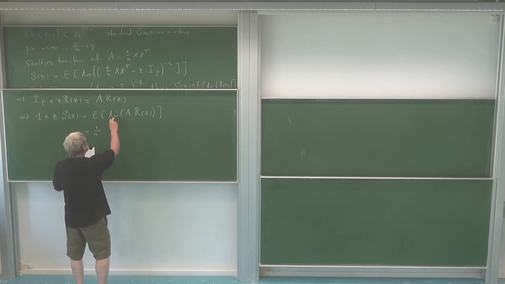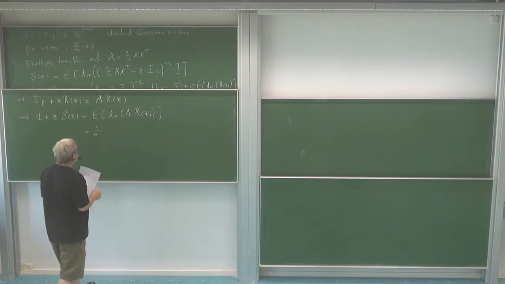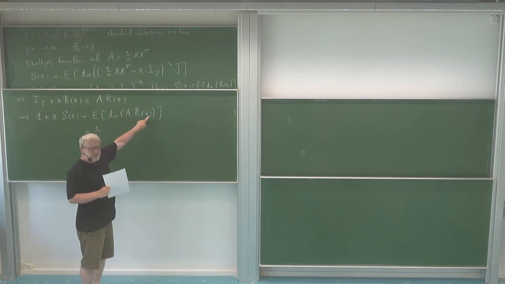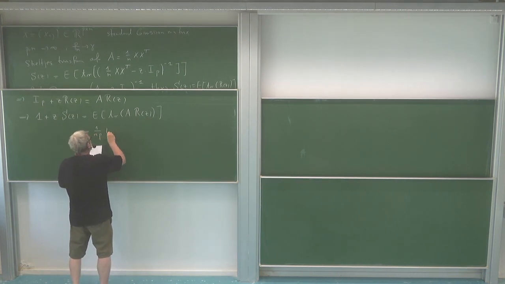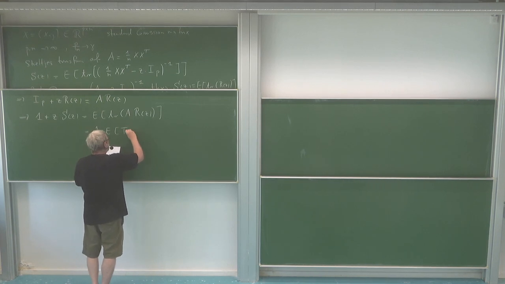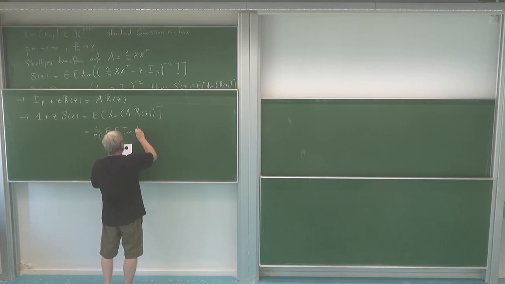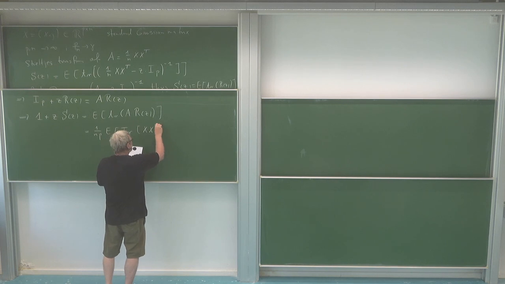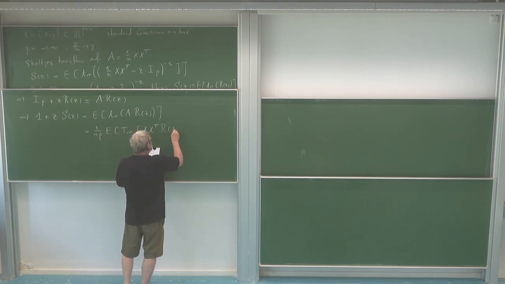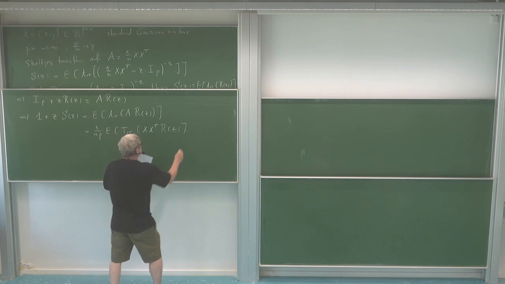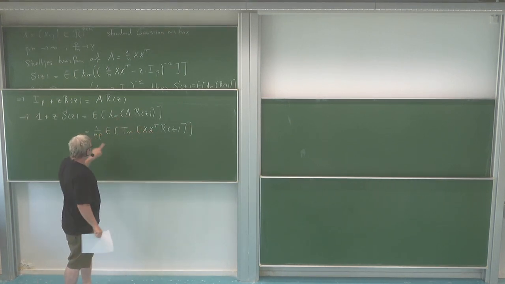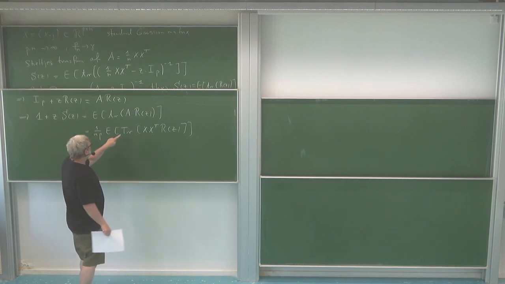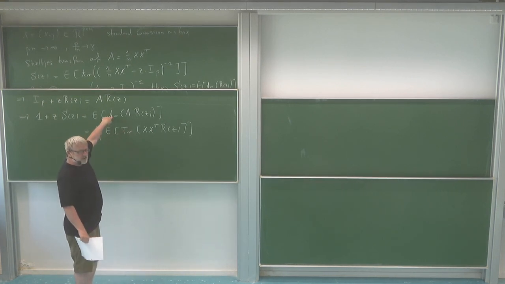The normalized trace is the unnormalized trace divided by the dimension, and here I'm in p by p matrices, so I have to divide by p, and then I have here the expectation. Here I have the unnormalized trace of x transpose times R of Z. So this A here is x transpose divided by n, and this trace divided by p is the normalized trace.